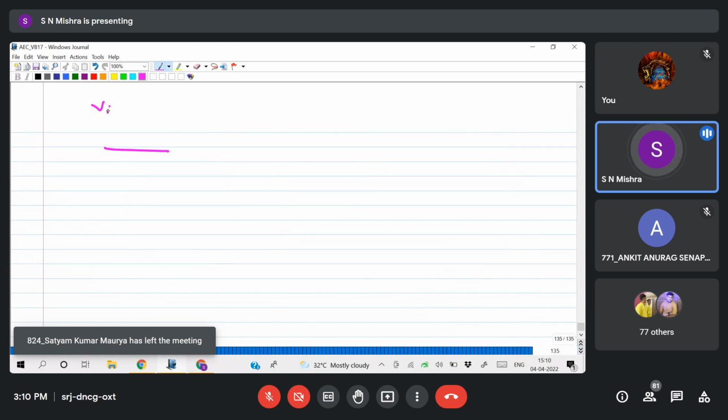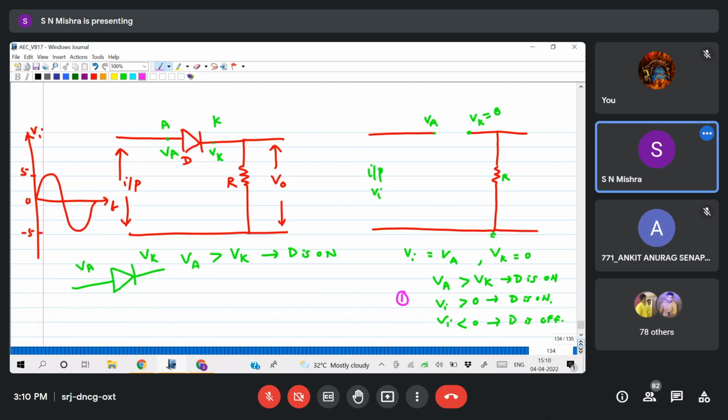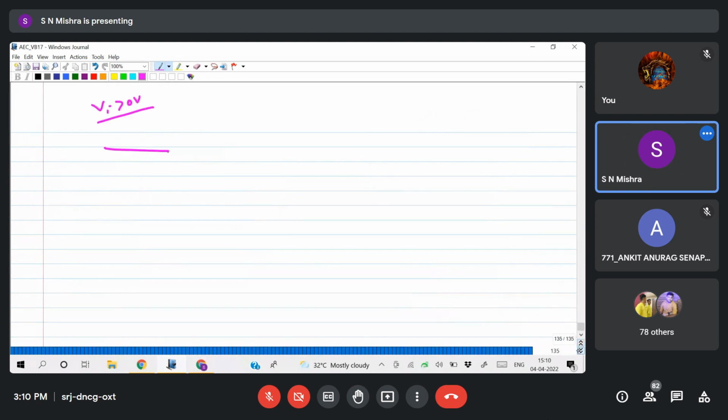When Vi is greater than 0 volt, the diode will be short. Replacing the diode with a short circuit, the resistor remains as it is. Here I want to find out V0 across the resistor.